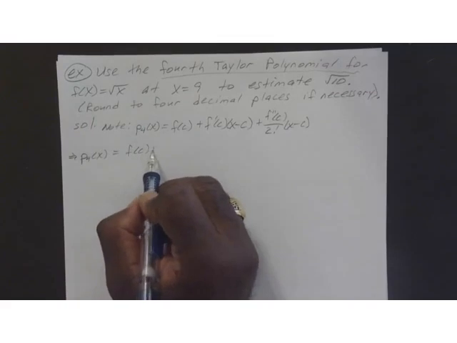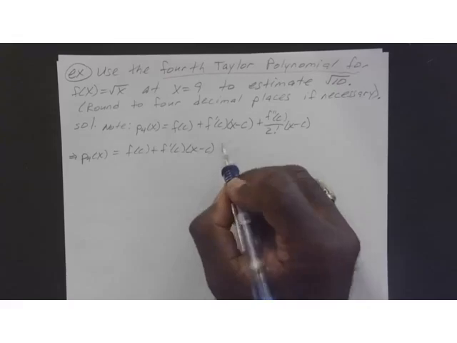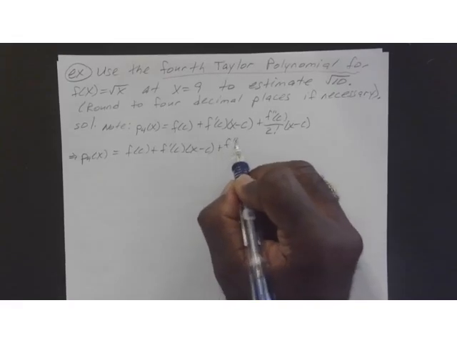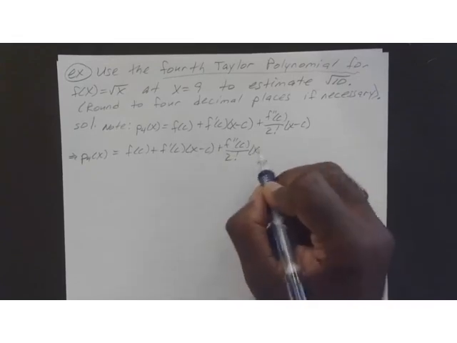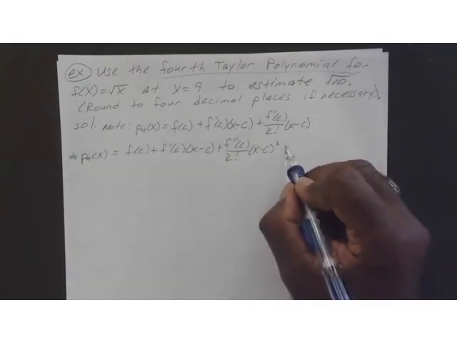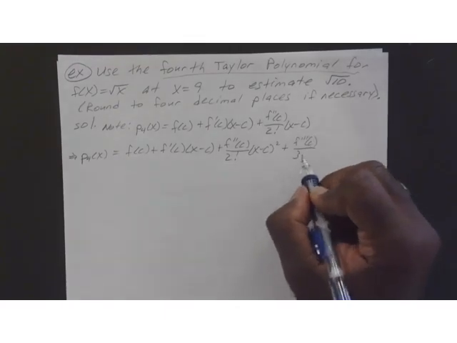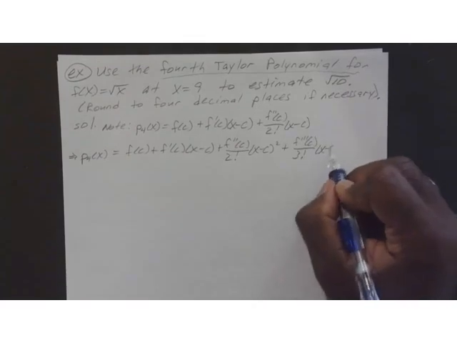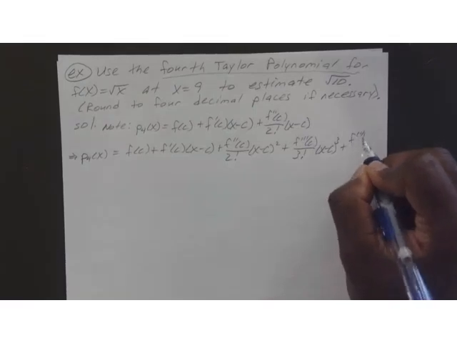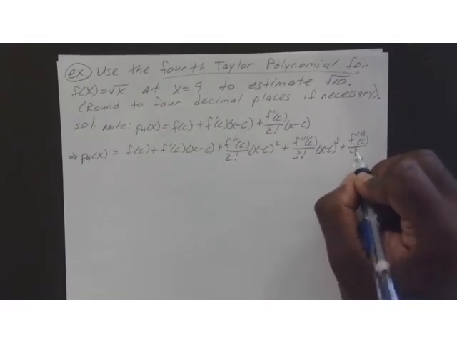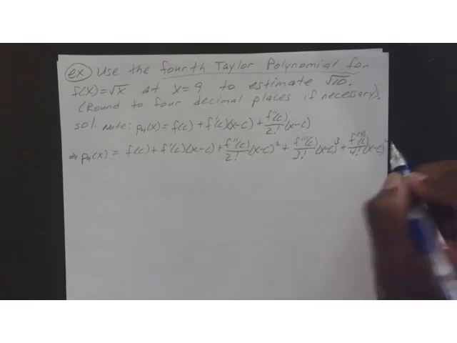So f of c plus f prime of c times x minus c plus the second derivative at c divided by 2 factorial times x minus c squared plus the third derivative at c divided by 3 factorial times x minus c to the third power plus the fourth derivative at c divided by 4 factorial times x minus c to the fourth power.